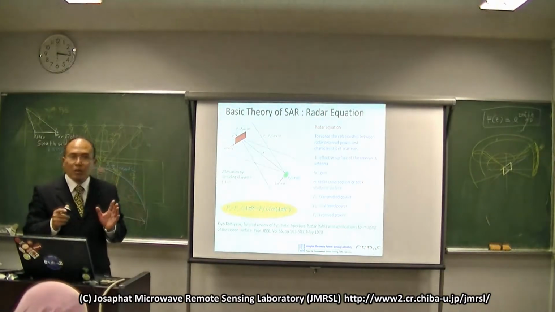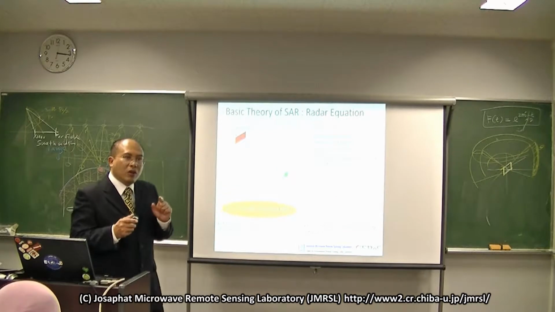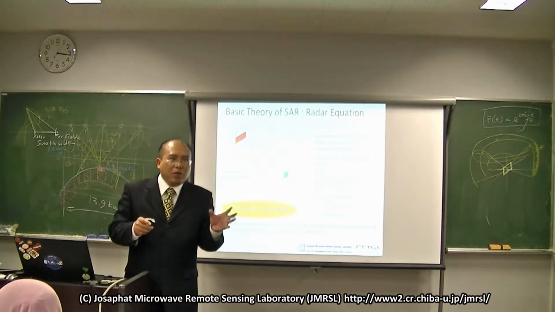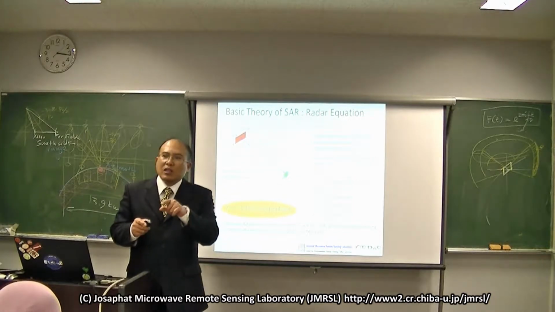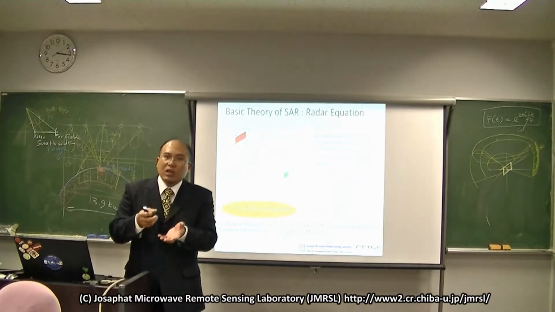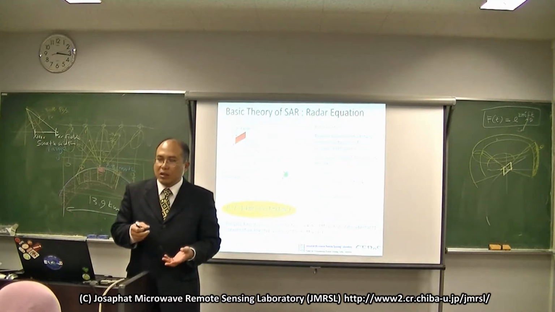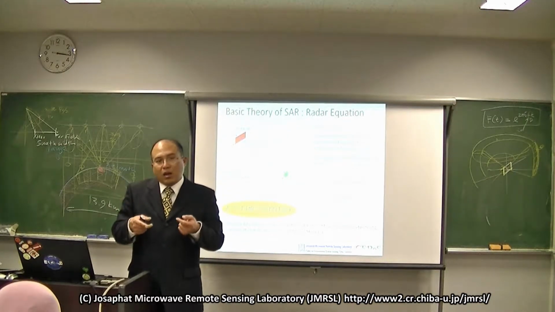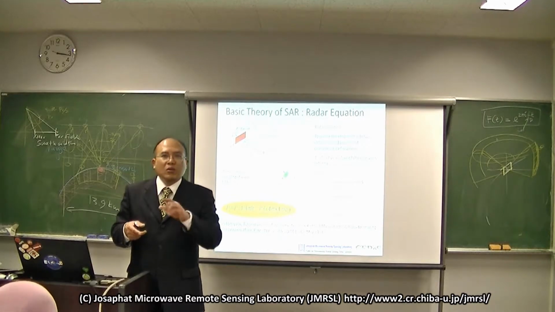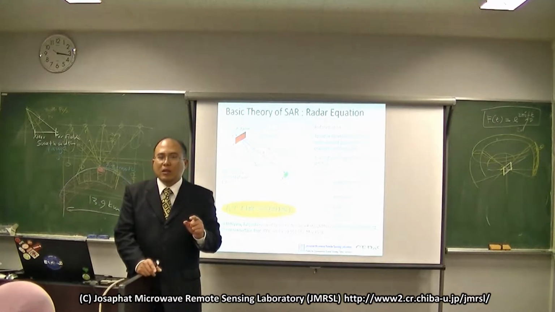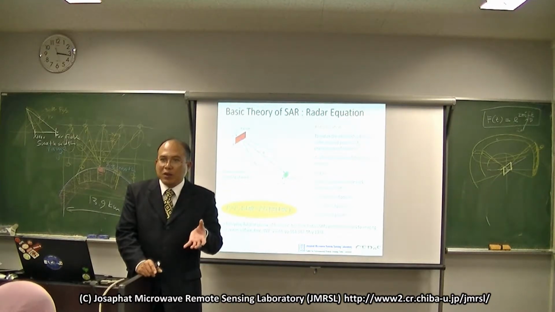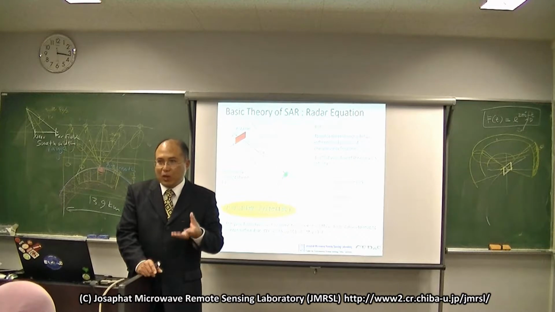The gain is very important. If you want to reduce the power of your antenna, it is better to increase the gain. The gain is the sensitivity of your antenna. If your antenna is sensitive, you don't need high power, but if your antenna is not sensitive, you need a very big power.